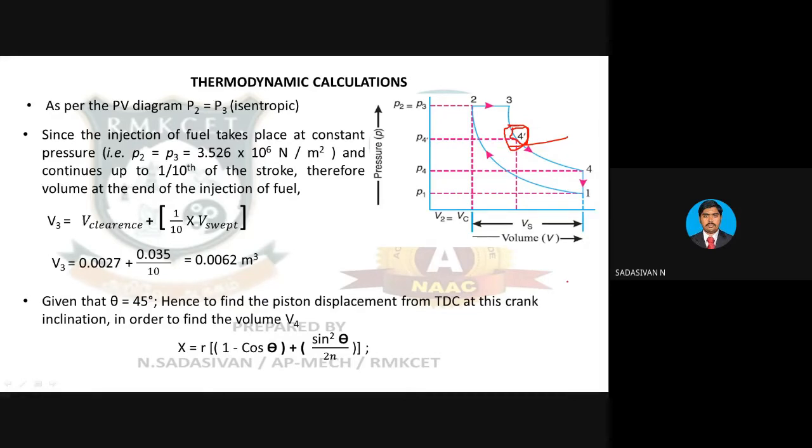When theta equals 45 degree, how much distance has the piston traveled from the top dead center? I am going to find this distance using the displacement relationship, X equals R into 1 minus cos theta. Here in place of theta you put 45 degree and find the value of X. If you know that, you can multiply by the cross section of the cylinder and find V4 dash. Then use the polytropic relationship and find P4 dash. Clear? Very simple.